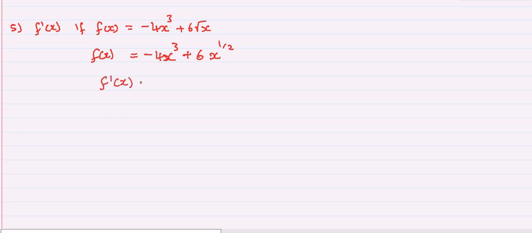f prime of x will be equal to the derivative of negative 4x cubed. You take the exponent, you multiply by the coefficient, becomes negative 4 multiplied by 3x. You subtract 1 on the exponent, becomes 2. Negative 4 times 3 is negative 12x squared.